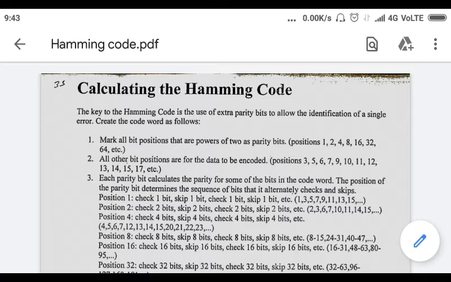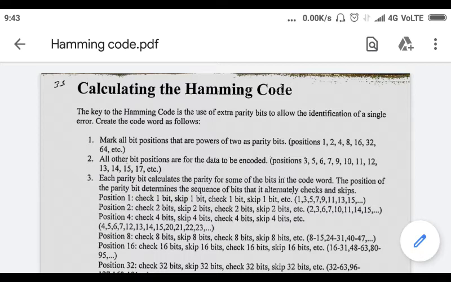So in this Hamming code, the first thing is that you have two kinds of positions: one is the parity bit position, and another is the data bit position. Now we are going to identify which are parity bit positions and which are data bit positions.